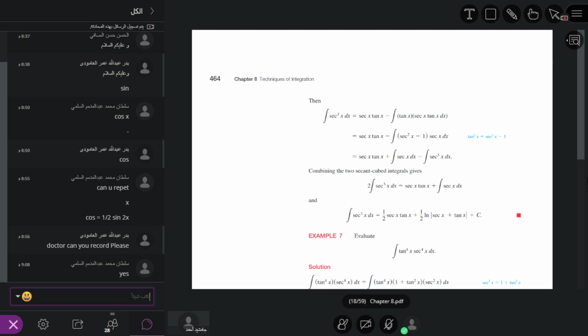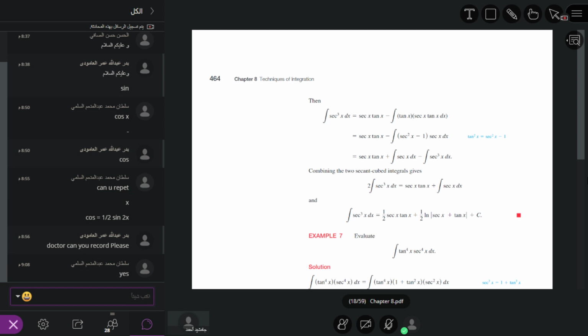Which formula from here should we use? For sine 3x cosine 5x, we will use the second formula.